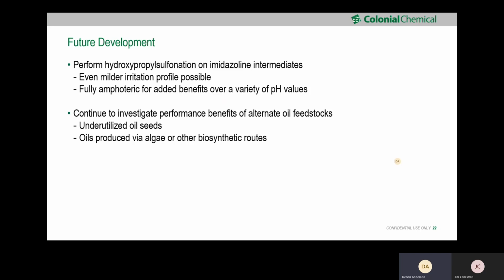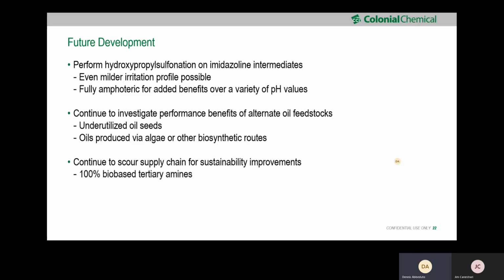Also oils produced via algae or other biosynthetic routes. And we can, of course, continue to scour the supply chain for additional sustainability improvements. And this includes all the components and intermediates throughout.